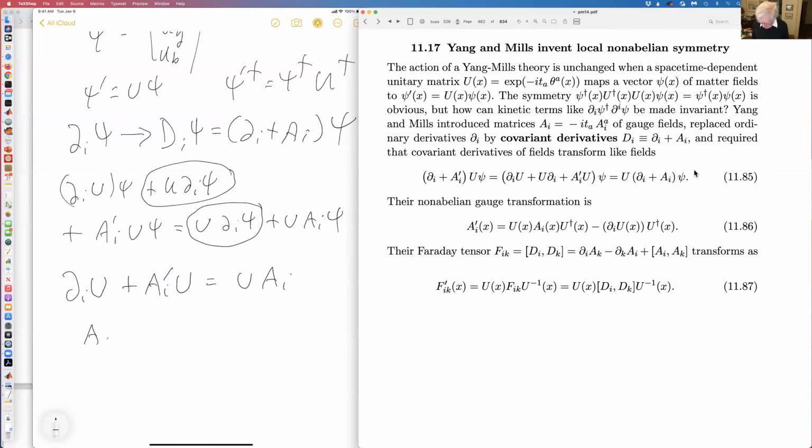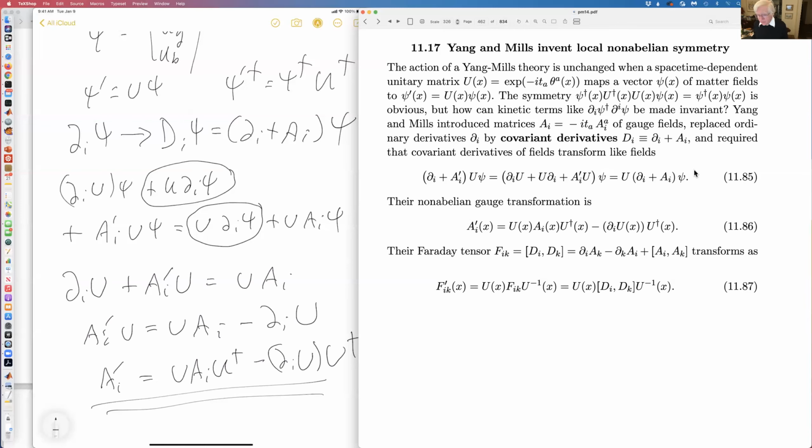That means that A_i prime u is equal to u A_i minus d_i u, or A_i prime is equal to u A_i u adjoint minus (d_i u) u adjoint. So this is the transformation law of a Yang-Mills theory. And that's what they figured out.